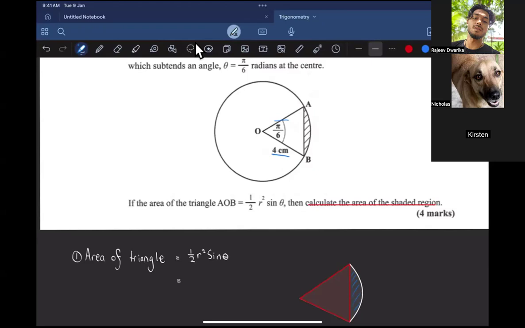I'm going to post the video in the chat. Nicholas, you should have done this in school before, so you should know how to. You can use a Sharp if you want. You should know how to toggle between degrees and radians.